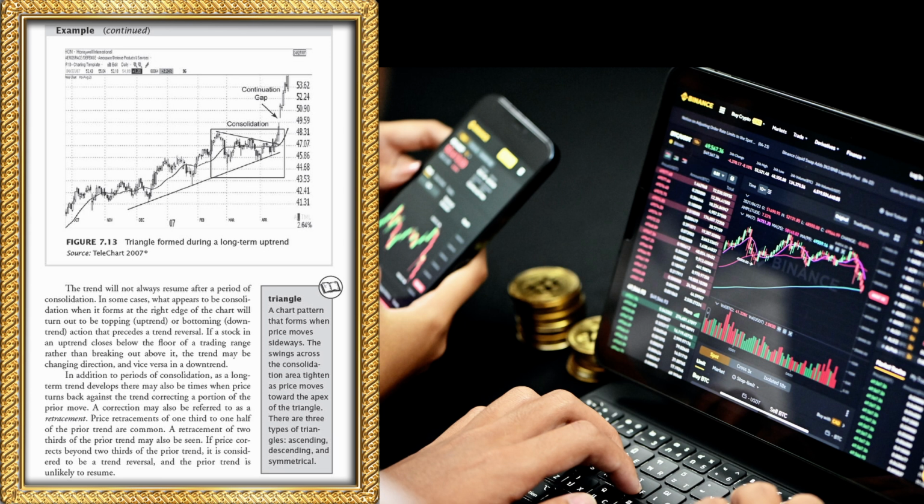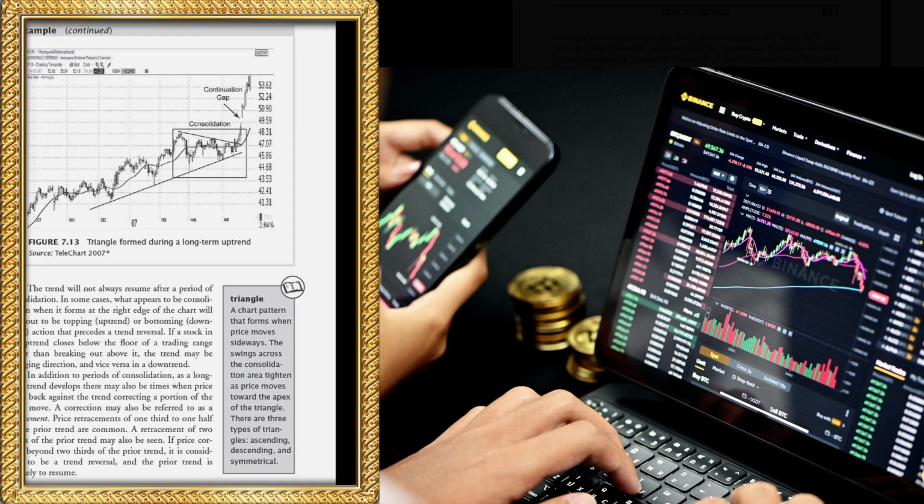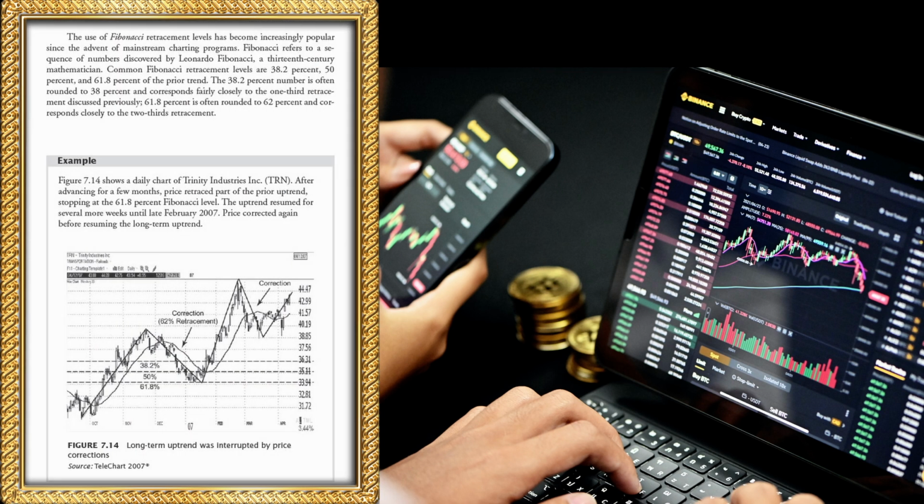Price retracements of 1/3 to 1/2 of the prior trend are common. A retracement of 2/3 of the prior trend may also be seen. If price corrects beyond 2/3 of the prior trend, it is considered to be a trend reversal, and the prior trend is unlikely to resume. The use of Fibonacci retracement levels has become increasingly popular since the advent of mainstream charting programs.